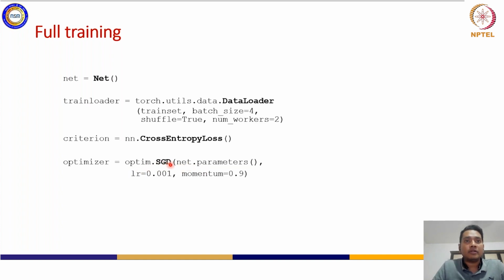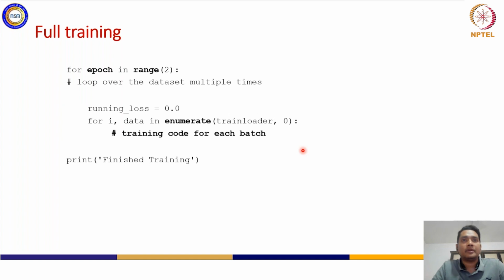Several other optimizers are also there. And there are certain parameters that you need to set, the learning rate and momentum for stochastic gradient descent that you can see here. So this is the step for defining your optimizer and loss function.